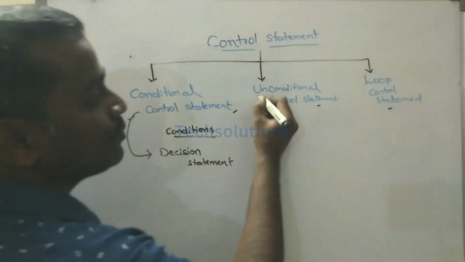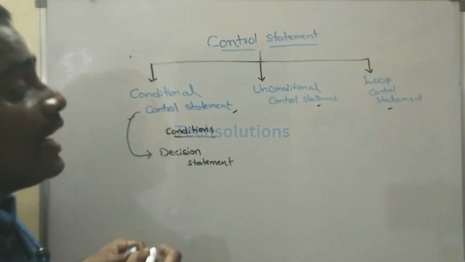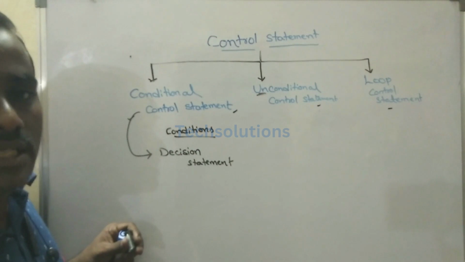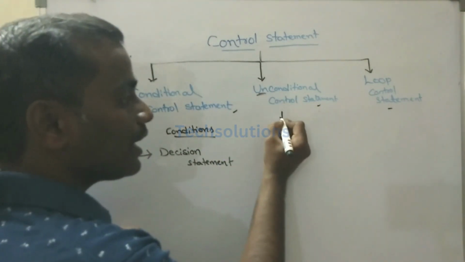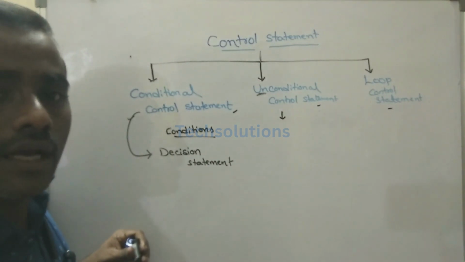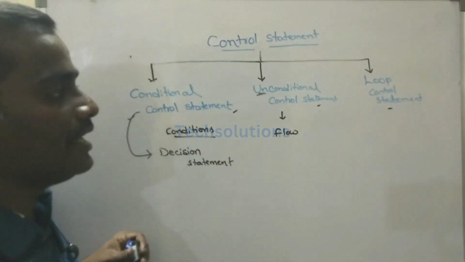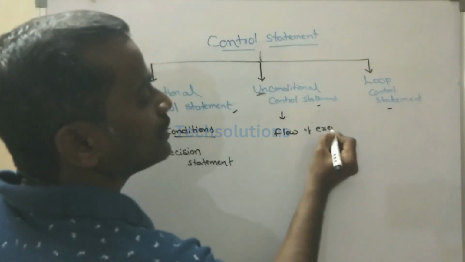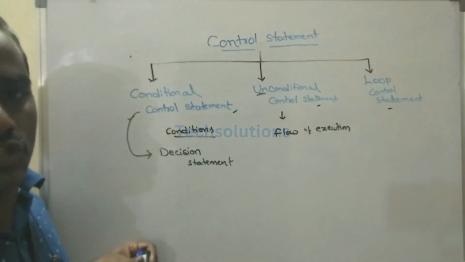Now what is meant by unconditional? The name itself has the meaning. Unconditional means without any conditions, without checking any conditions. If we can control the flow of execution without any conditions, that type of statement is called an unconditional control statement.